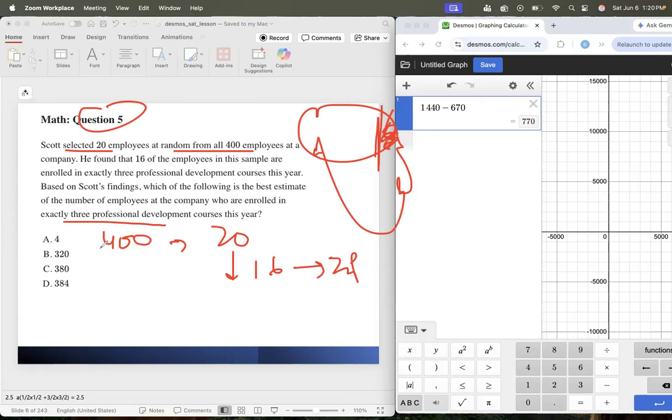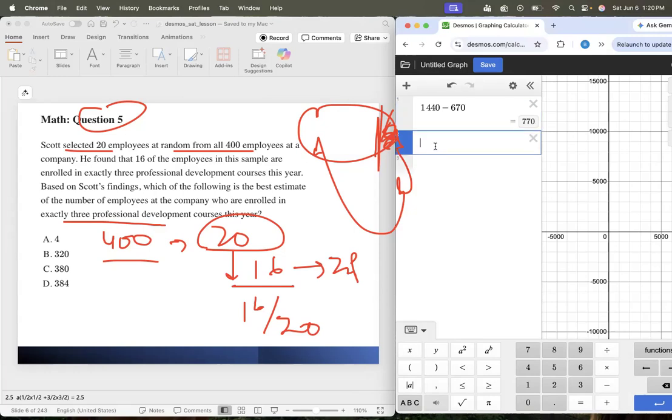Same thing. 400 people, there's 20 we took out of it. Out of 20, 16 people take 3 professional courses. How can we estimate? Well, 16 over 20 is our ratio. That's the easy way to think about it. And what is that percentage? Well, 16 over 20 is 80%. 80% of them in that small population.